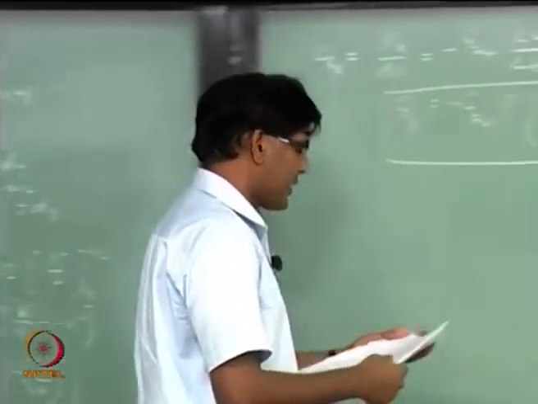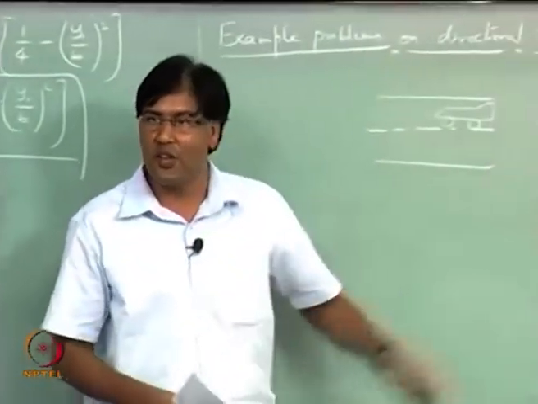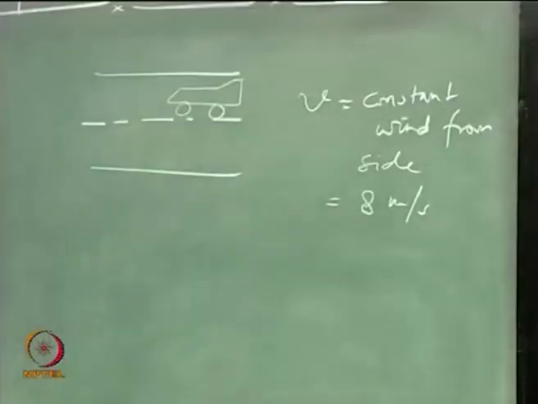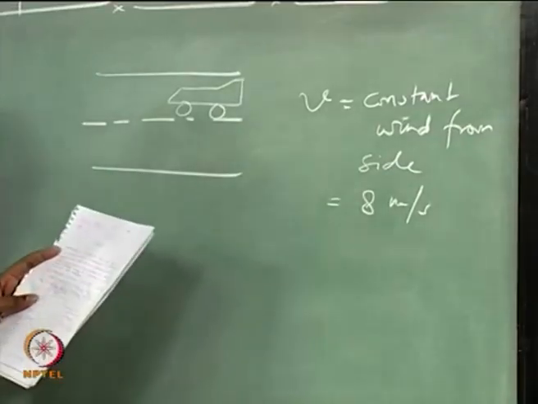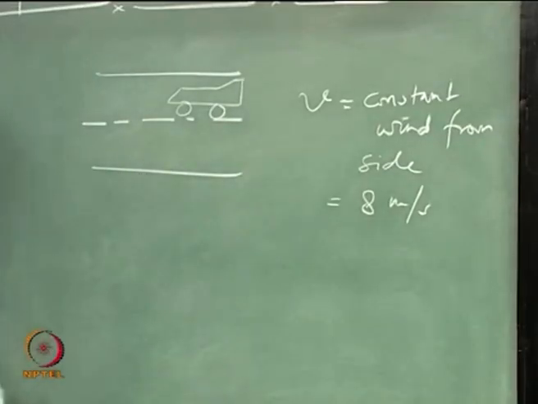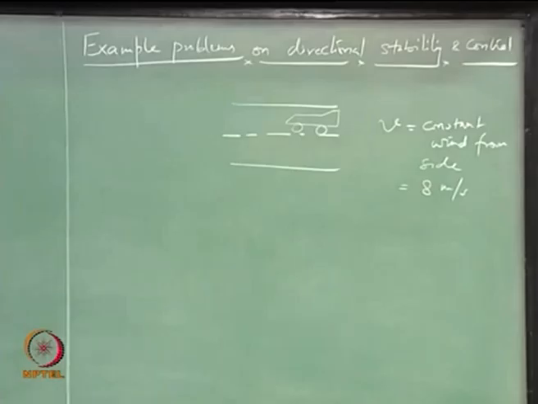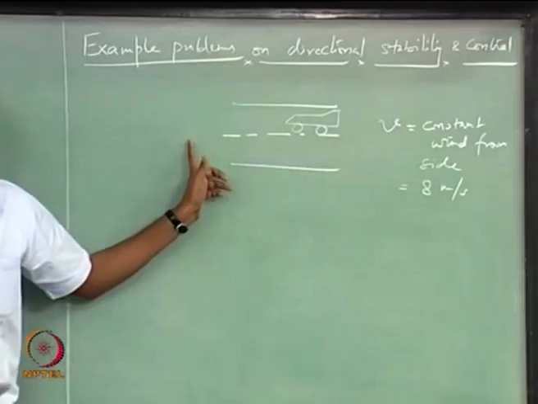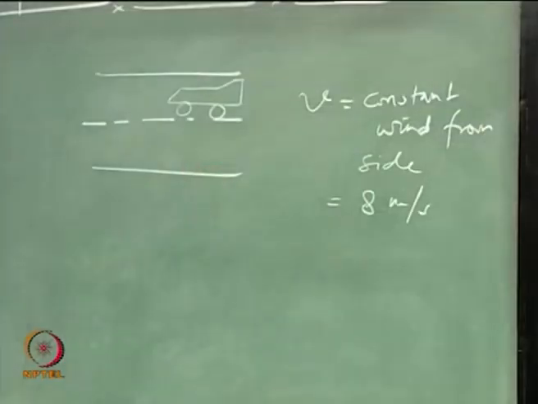So, you cannot just wait for the wind to go away. Because of this crosswind, we should use the rudder to trim the aircraft so that it can go along this center line.